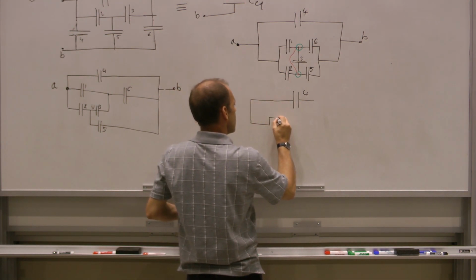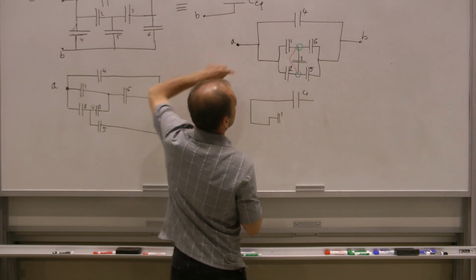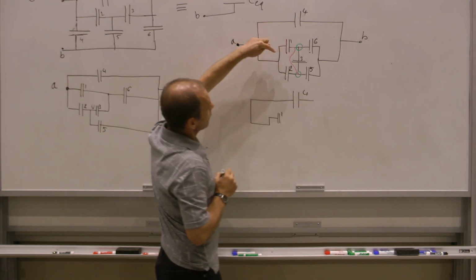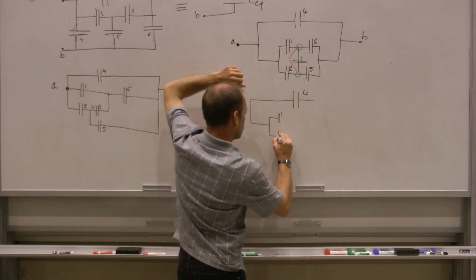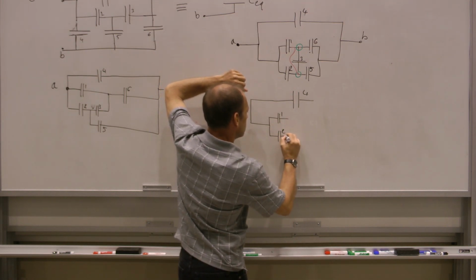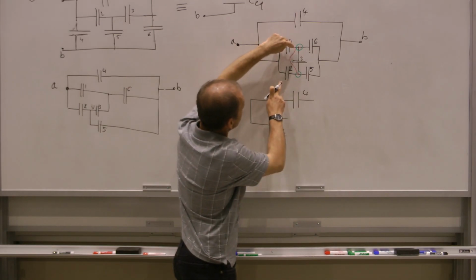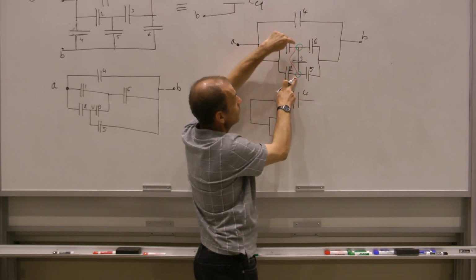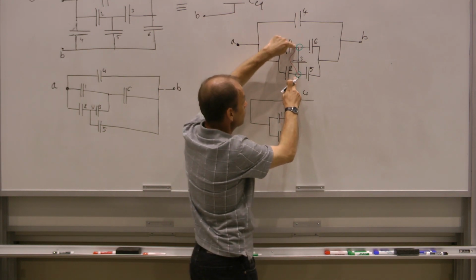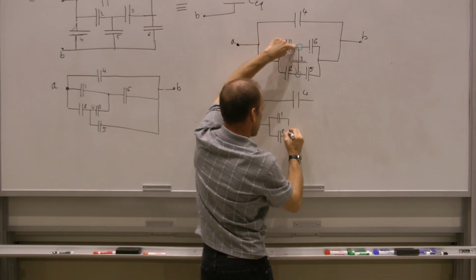I'm going to say I have 1. From 1 is in parallel with 2. Then because this lead here and this node here and this node here are equivalent, I can regroup them as 1.